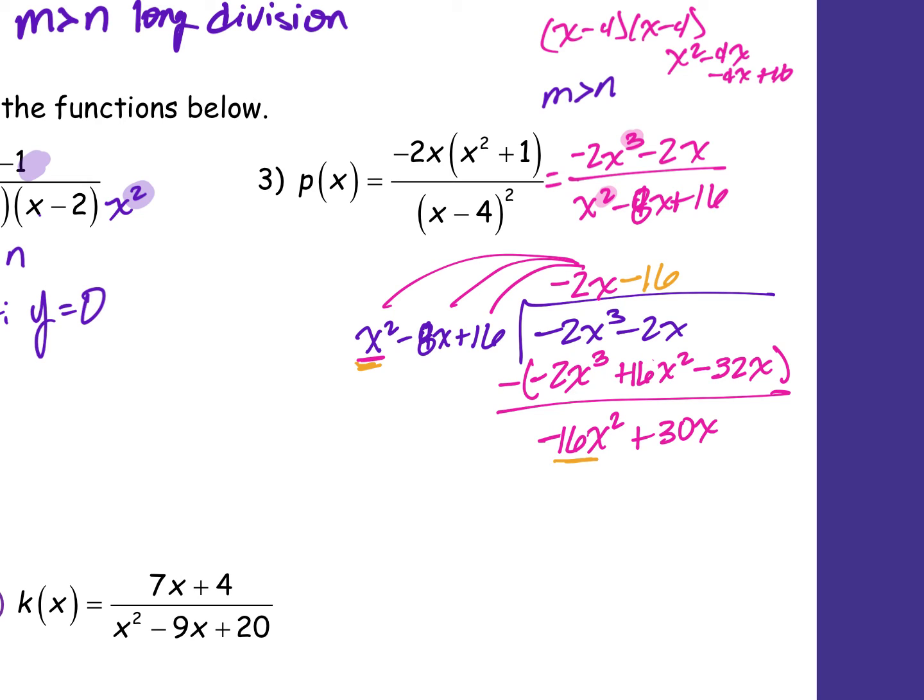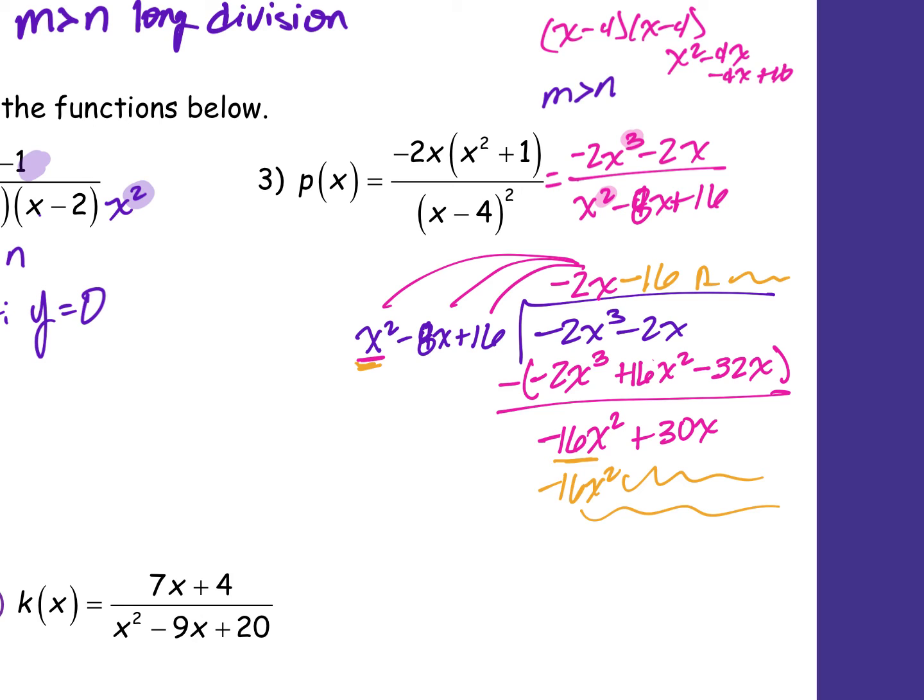Okay, and I can multiply this out, right? Negative 16x squared, and so on. But after this point, I'm just going to get some remainder, right? I don't need the remainder, because in order to graph, I can graph negative 2x minus 16, right? Can I graph the remainder?